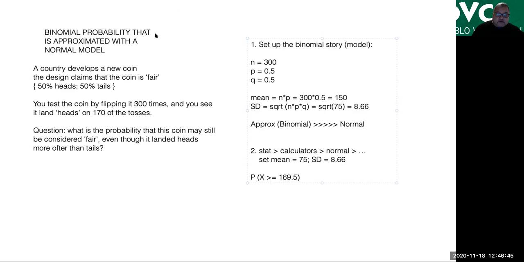I want you to recognize that this 170 is written to include the whole of 170. I back off by half a unit there, and that's going to be my answer.